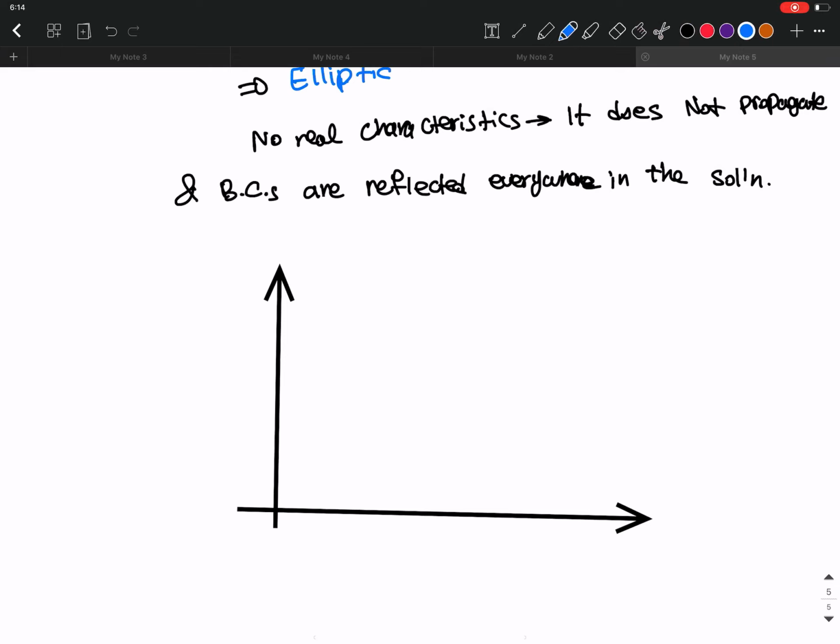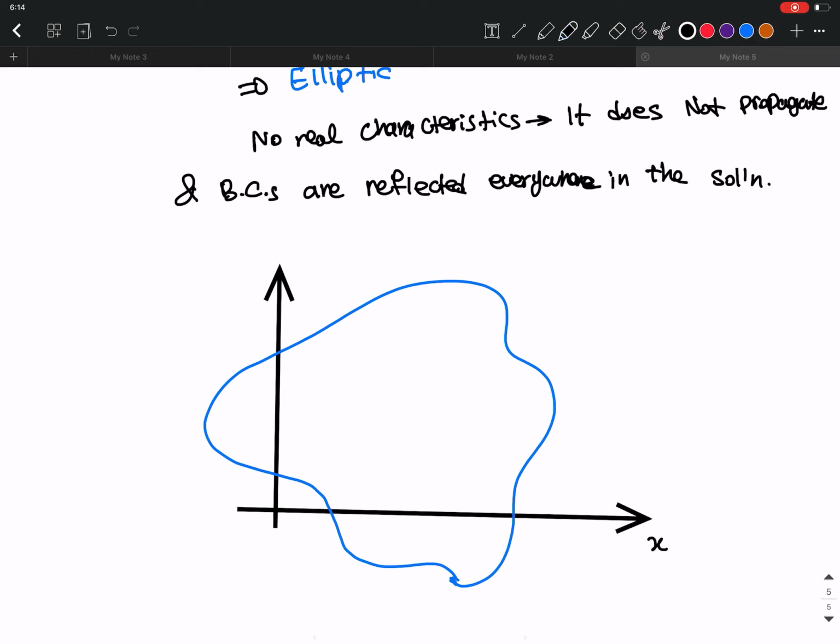So it can be anything if you have this domain. Let me say this is x, this is t, and this is your domain of solution, where you are seeking your solution.